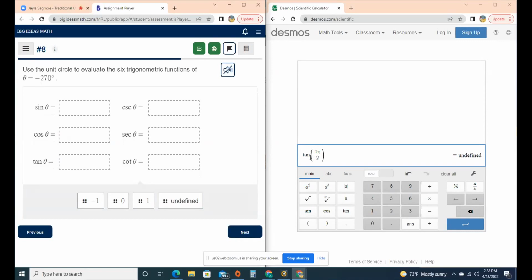Okay, so do the same thing. Type in sine of -270, but this time you're going to have to do it in degrees. You got to get rid of the pi, got to get rid of the divided by 2.